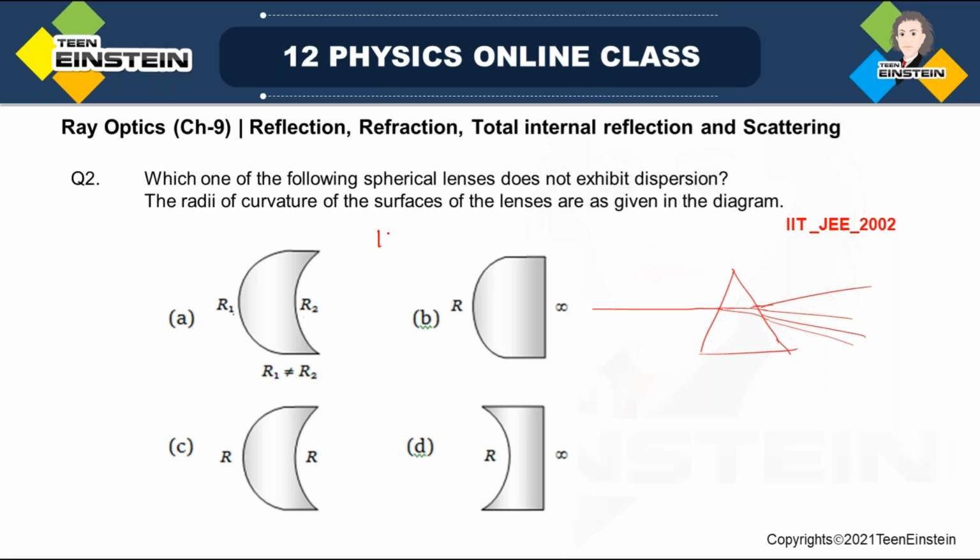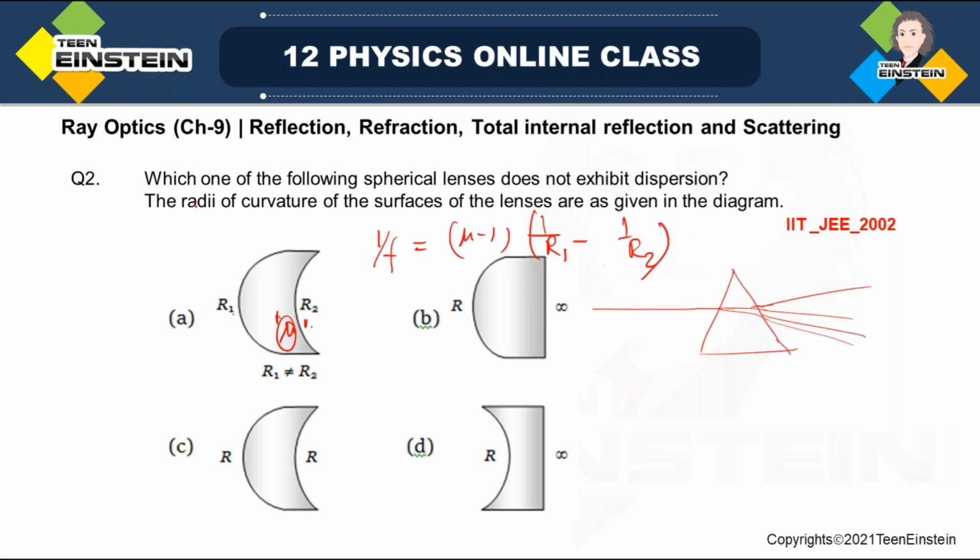The focal length can be found out using 1 by f. If it is between this medium with refractive index mu and air, we get mu minus 1 times the radius terms. Yes, this is the expression for the focal length.